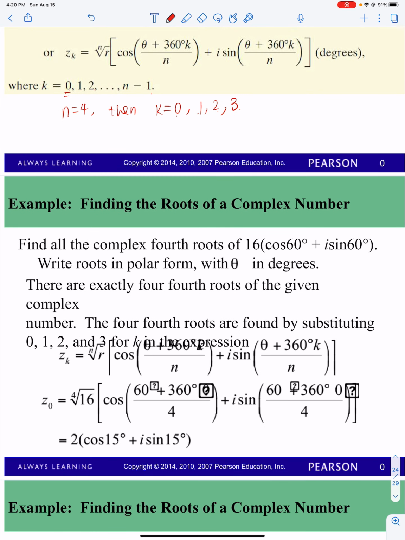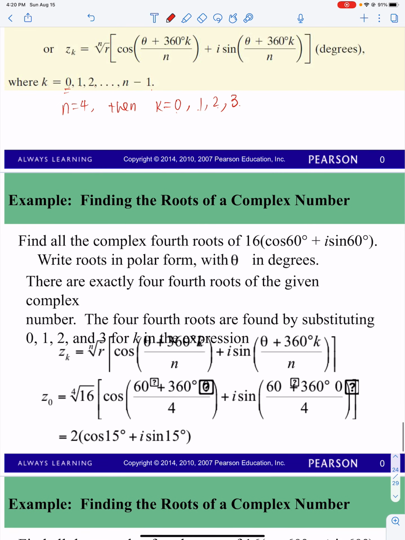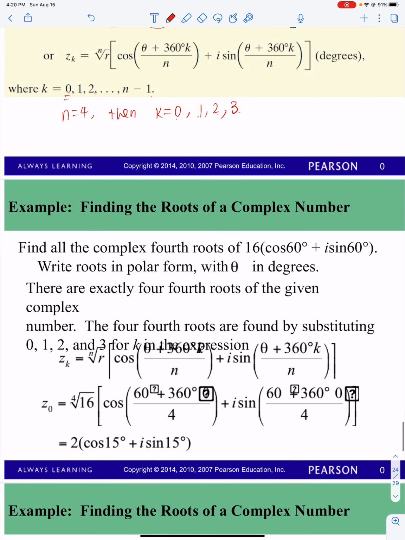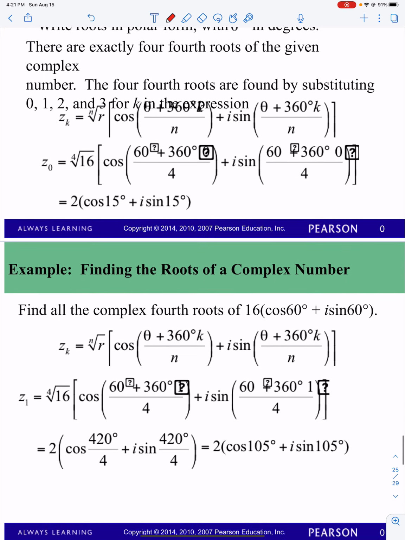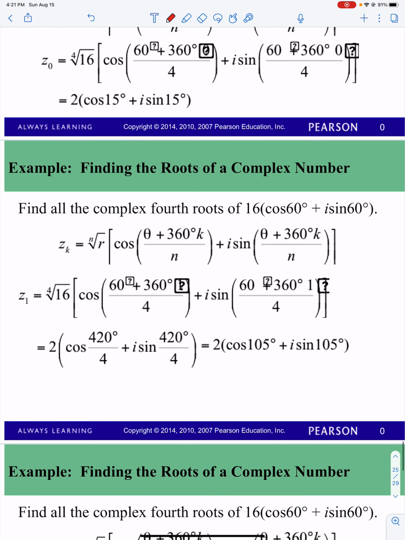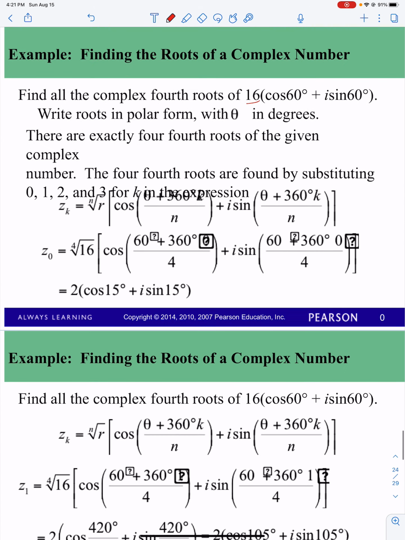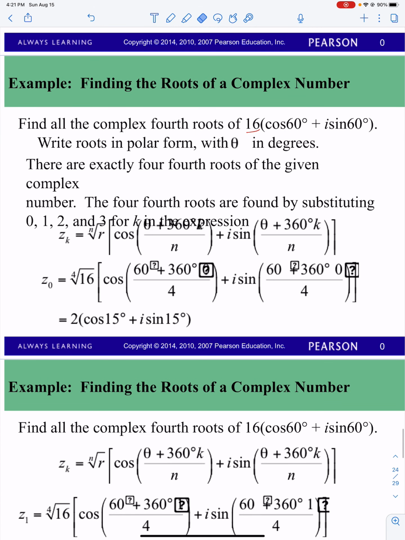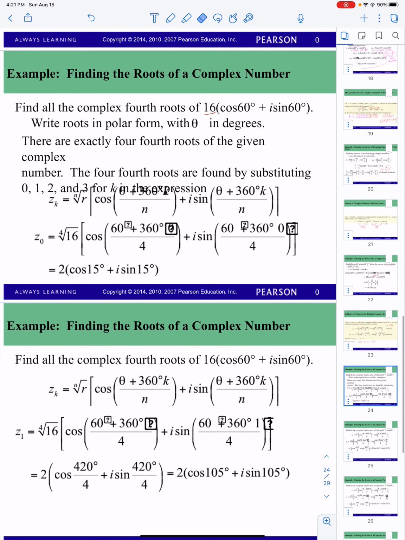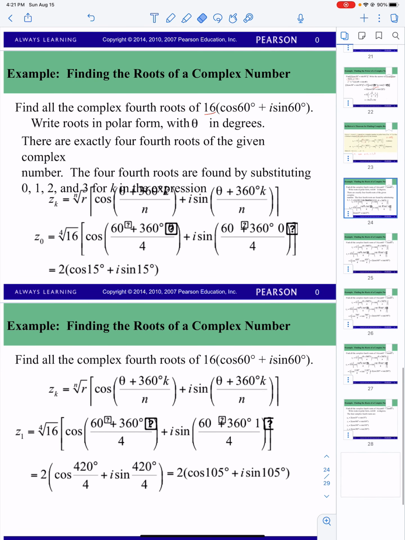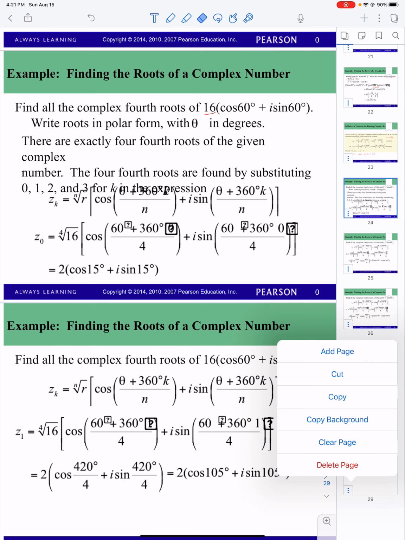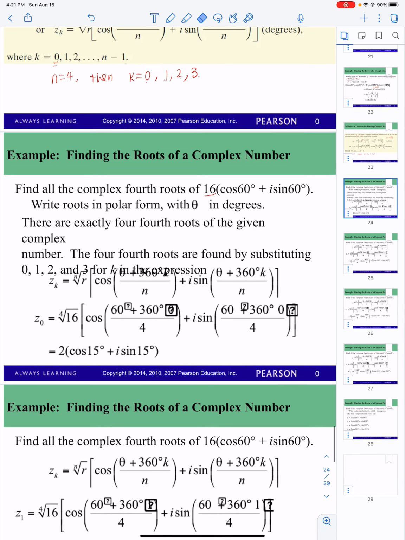Okay, so then, this is how you find it. So 16, what will you do? Okay, so then the fourth root, it doesn't look good here.